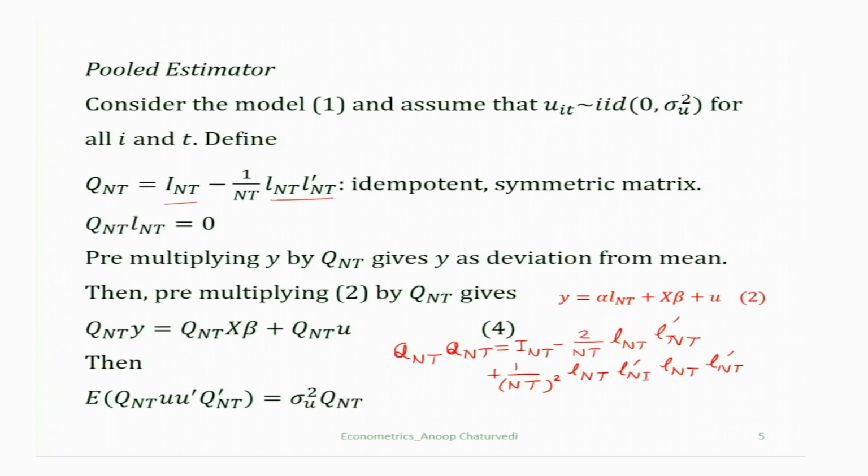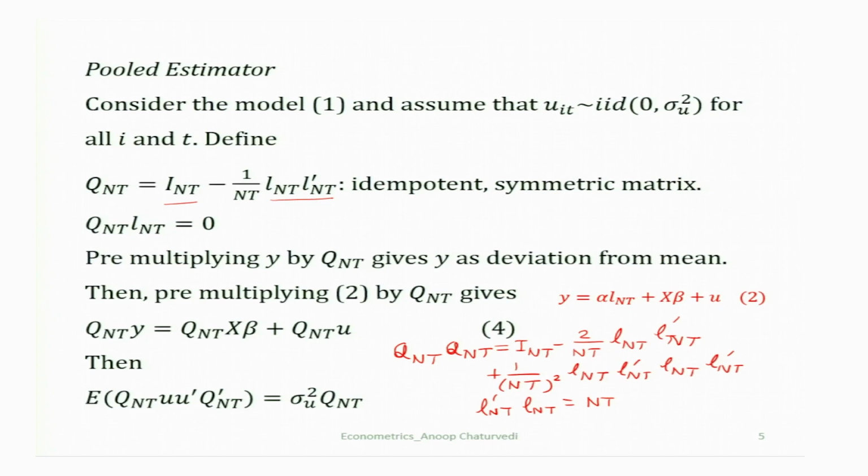Now, l_nt has all elements equal to 1, so l_nt transpose l_nt is equal to nt. So, it is a scalar.